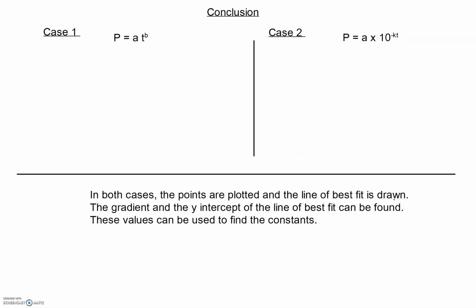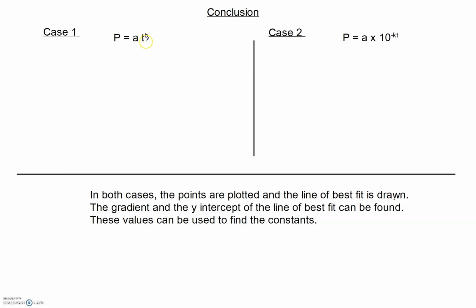So what conclusions can we draw? Well, in both videos, one and this video, we have used 2 different case studies. The first case was p equals a t to the power b, and the second one was p equals a times 10 to the power of minus kt.